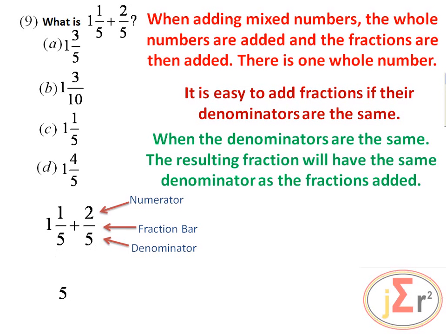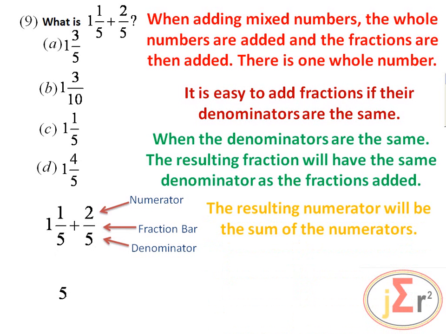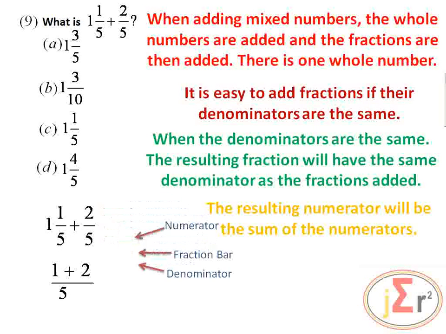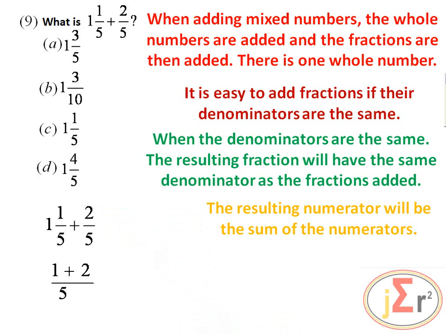The resulting numerator will be the sum of the numerators. So take those two numerators. What are the numerators, Jerry? 1 plus 2. Right, so we will have 1 plus 2 for the answer in our numerator.